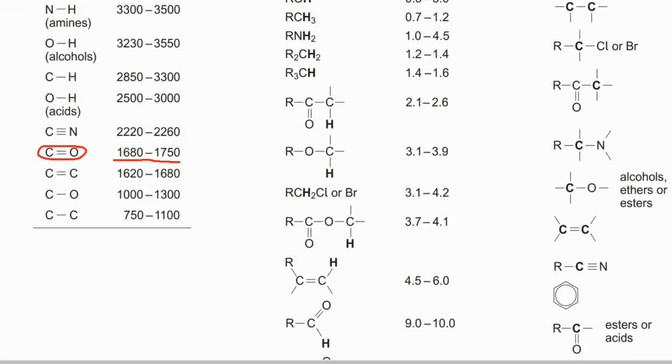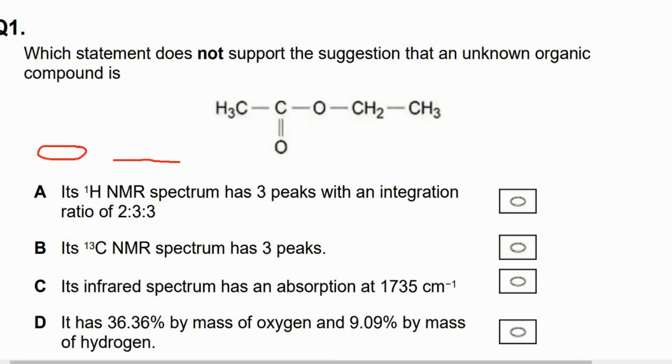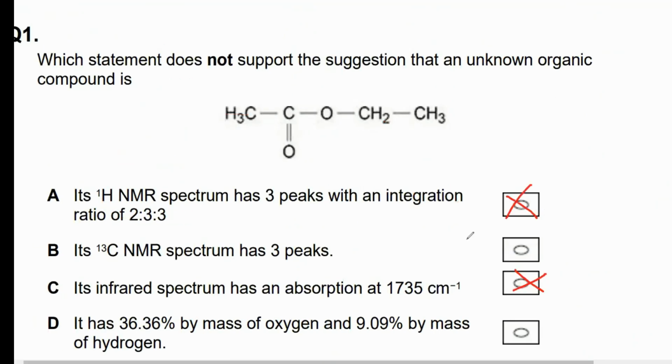So the question is, did the compound in the question have a carbonyl group? And let's have a look. And yes, C does support the answer, because you can see there's a carbonyl group there, and that was represented by that infrared absorption. So that's not the answer either. We're looking for something that doesn't support the answer, so something that isn't correct, essentially.